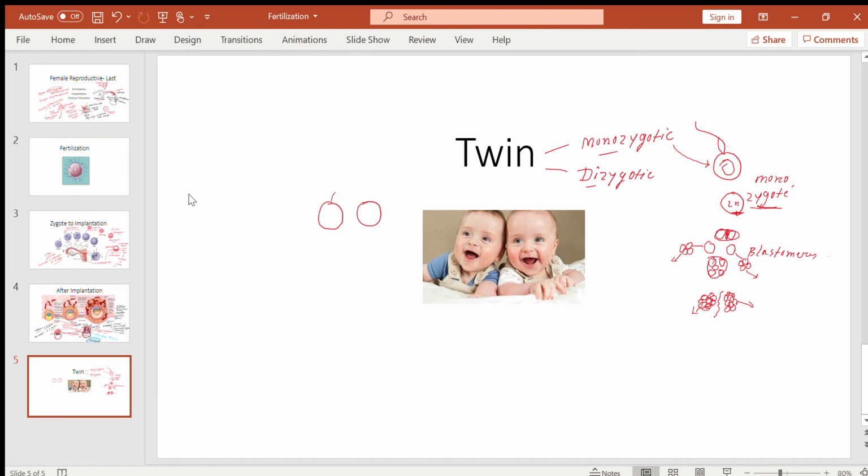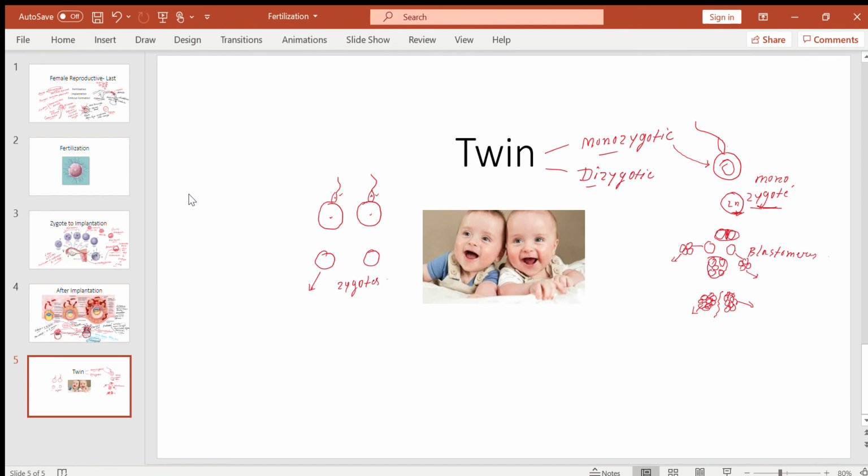However, that can happen. So two ova get matured simultaneously and get released and get fertilized by two separate sperm. So here you see two separate ovums are fertilized by two separate sperm at the same time. So you will get two separate zygotes, right? So two zygotes.